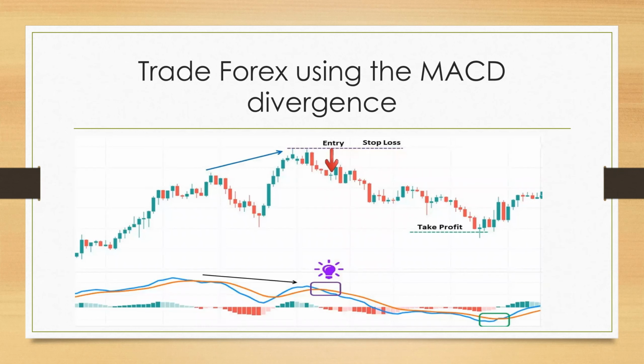So let's see. The market is going up, and the MACD is showing us all those things here. Now we have the MACD intersecting our signal line, going downwards and opening right away. So we enter here. The market is going down, and our MACD is reflective.